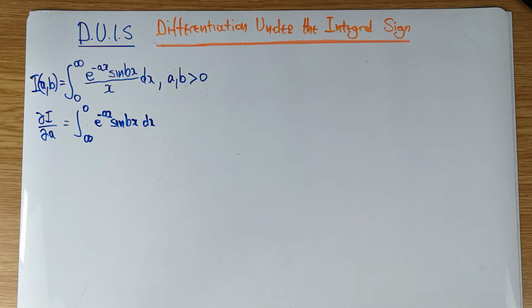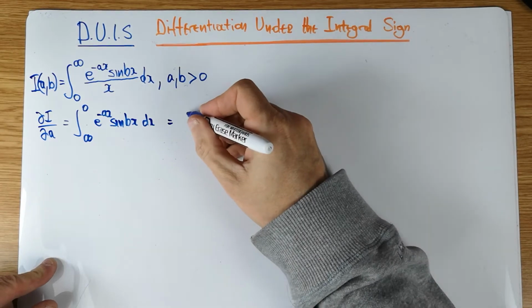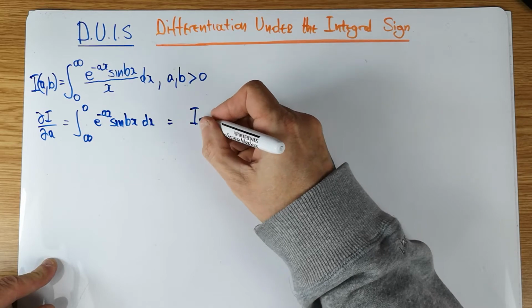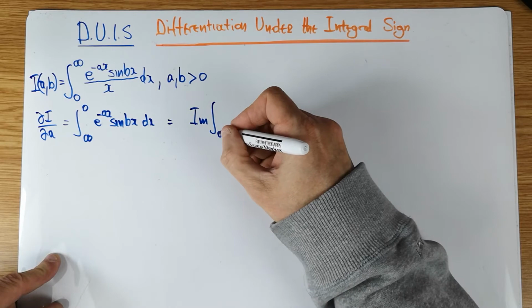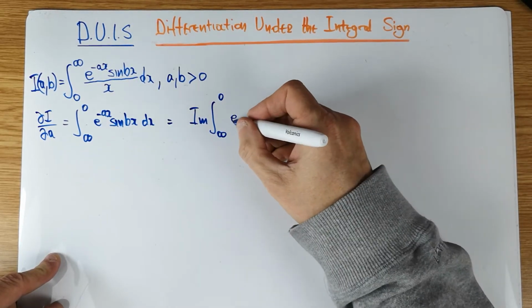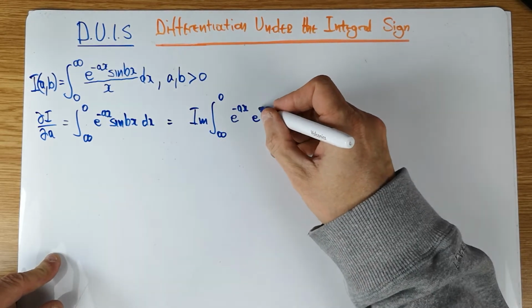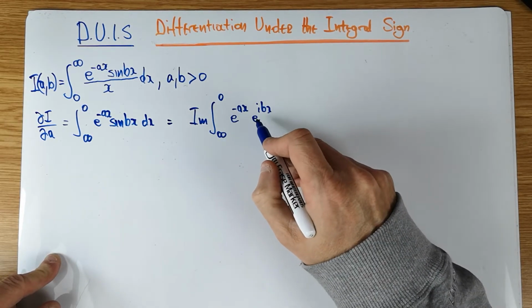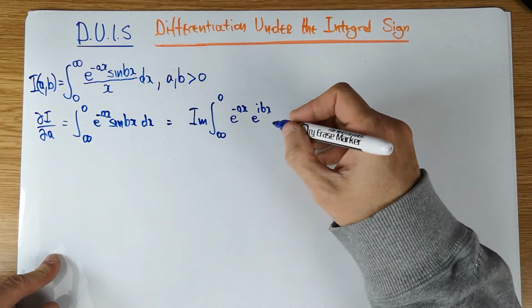Okay, and I'm going to just carry it all the way through. So this is now equal to the imaginary part of the integral from infinity to 0 of e to the minus ax times e to the i b x. When I take the imaginary part, this will give me the sine of bx, since the i is the part we call imaginary.